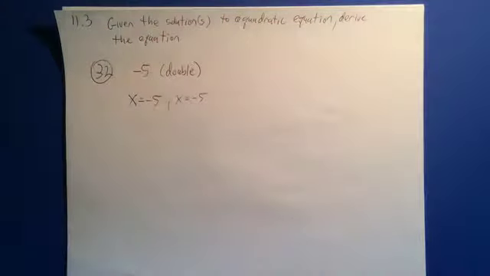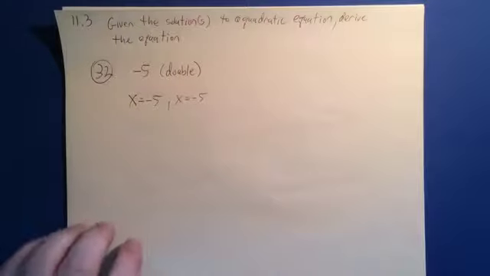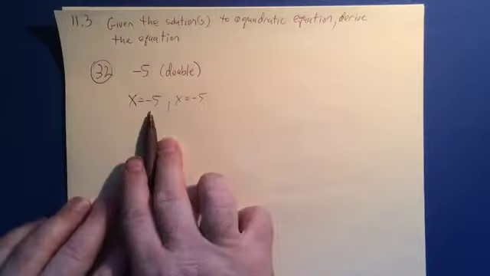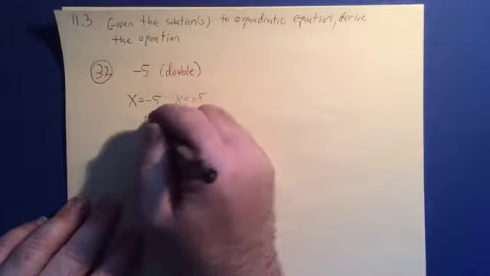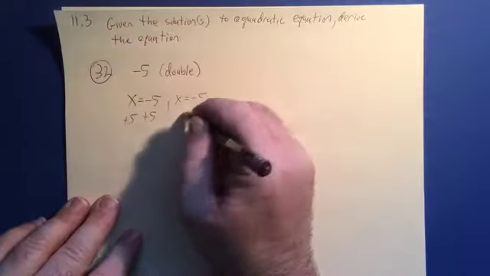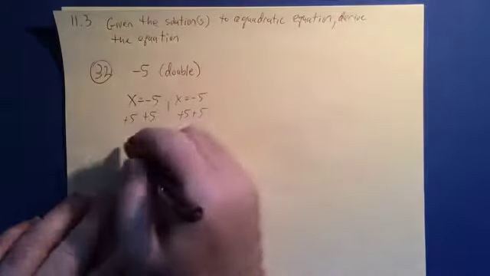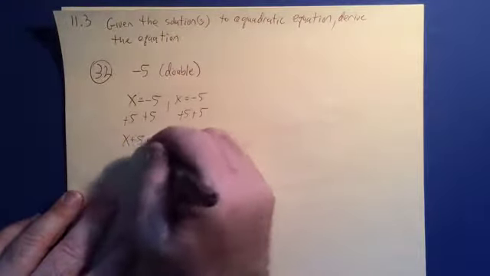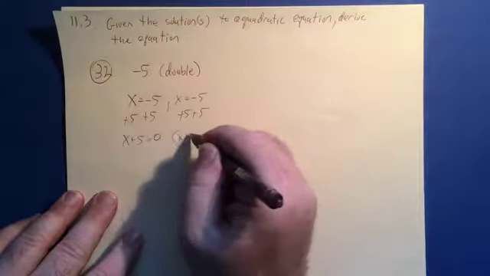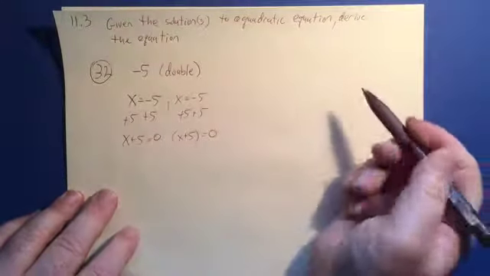So how would we get this? This harkens back to the work when we would factor a quadratic equation to get the solutions to it, which we've done some of this semester, but more of it was done back in Math 90. So what I'm going to do now is add 5 to both sides. I'll get x plus 5 equals 0, and x plus 5 equals 0.